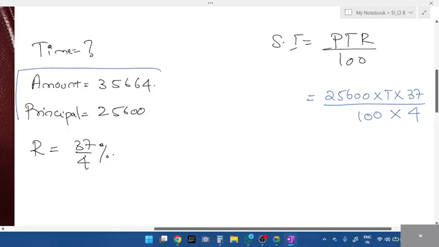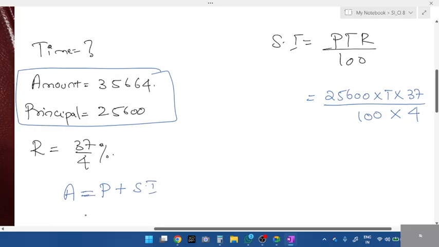How do you find simple interest, students? When these two are given, how do you find simple interest? What is the amount, principal, simple interest formula? Amount is equal to P plus simple interest. Then, if you want to find simple interest, what happens to principal?